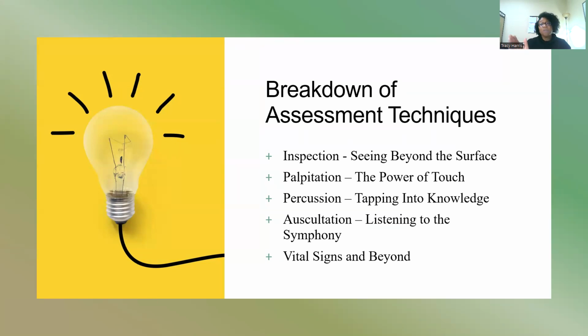You don't want to totally expose them. So we're going to be using the sheets to drape them appropriately when you are inspecting each part of the body. And you may use an otoscope to help with this examination.